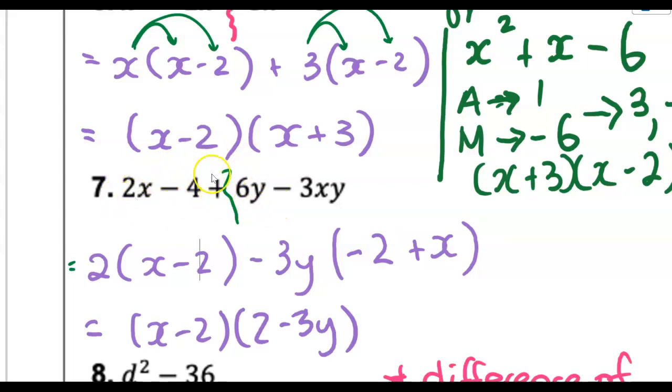Factorising a 2 out of these two terms, I end up with 2 brackets x minus 2. Looking at our second two terms, I can factorise out a minus 3y. That's the highest common factor of those. And I end up with, depending on which way you do it, I'll write it as x, 2 minus x.